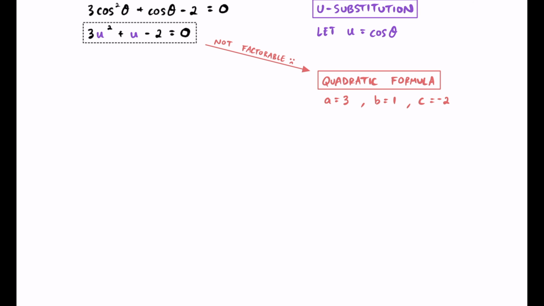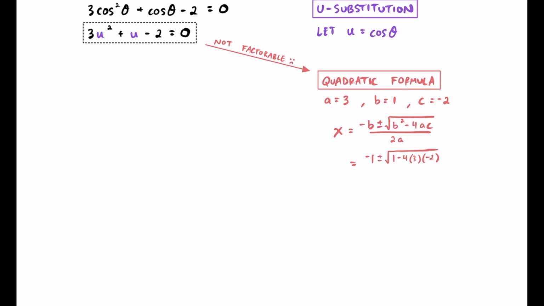In case you forgot, this right here is our quadratic formula, so we can plug in our values. We have -1 plus or minus the square root of 1 squared, that's just 1, minus 4 multiplied by 3 times -2.